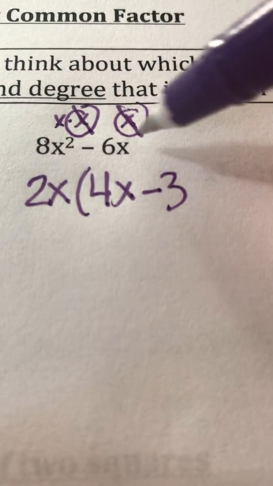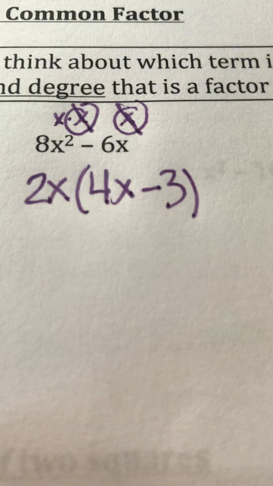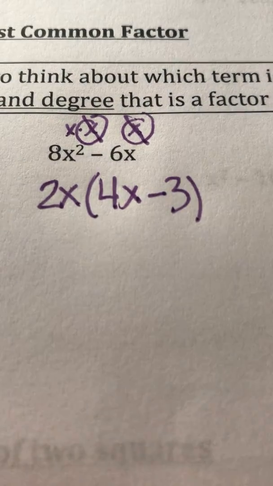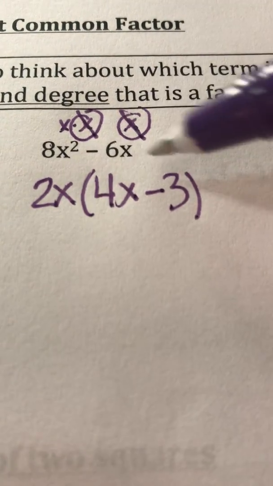So I know that I can factor out an x. So what I'm left with here, if I factor 2 out, 8 divided by 2, I have 4. X, I factored this x out front, so I have 1x left. This is a negative, so minus 3, and I already factored that x out, so that's all I have left.